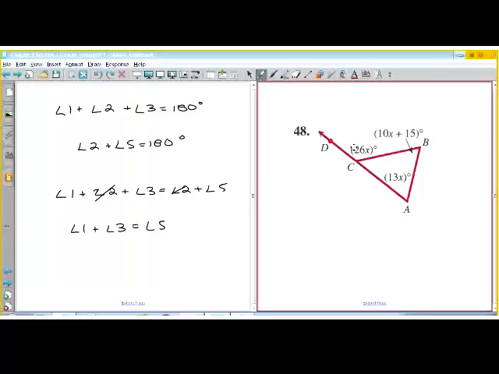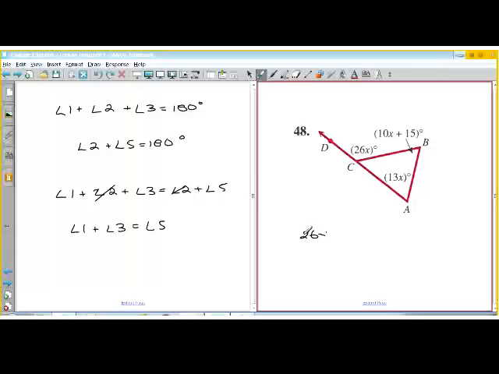So in this case, we look at this and we say, oh, there's an exterior angle. Here are the three interior angles. Instead of saying, well, I could figure this angle out because I know they both add up to 180, I say, well, there's this rule that says the exterior angle is equal to the sum of the two interior angles. So in this case, they're equal to each other and not 180 degrees.